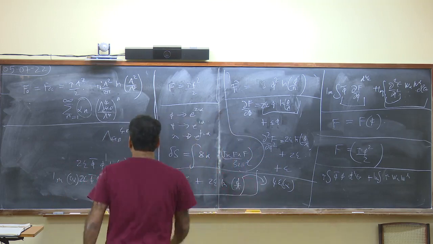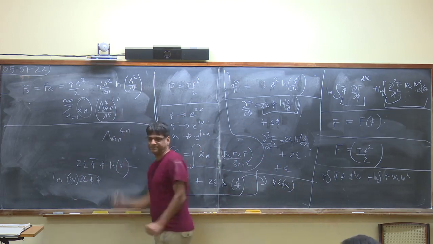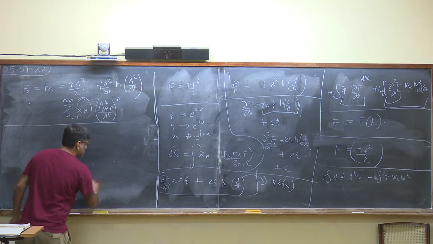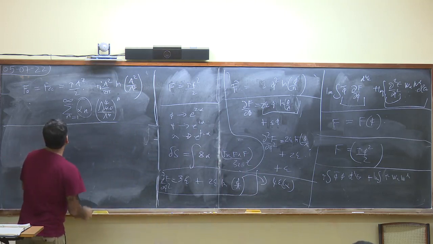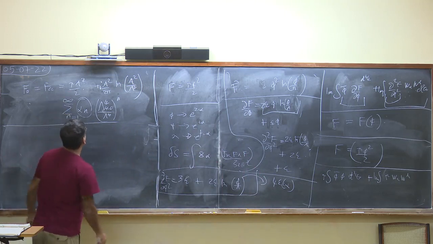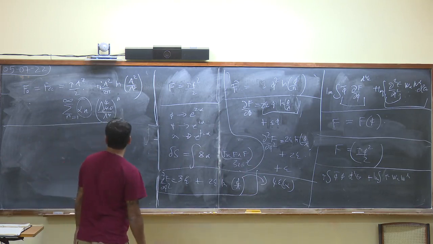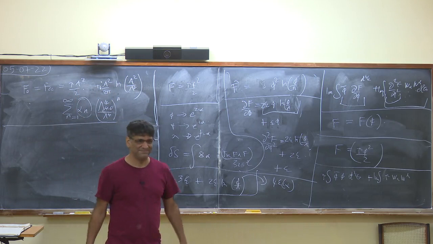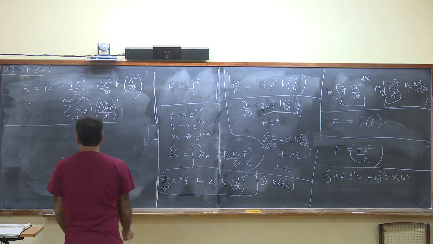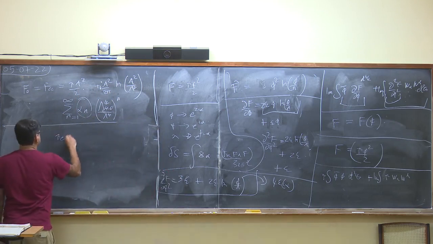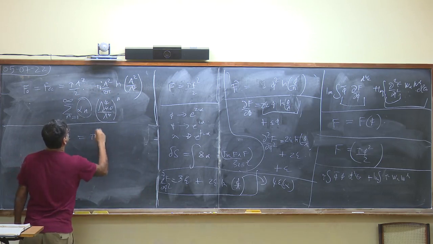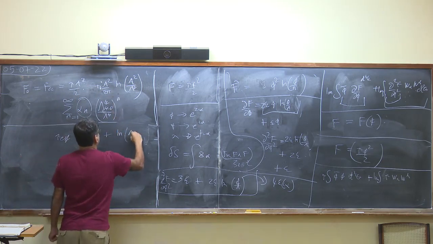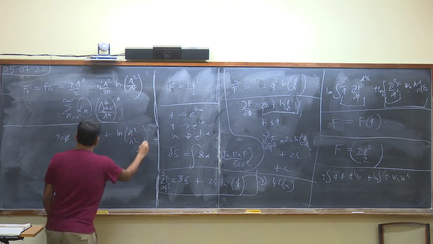By the way, there's yet another way of thinking of this term here. What we're getting here is some effective value of tau. So tau effective is equal to tau plus, let's say, i times log of a squared by lambda squared.